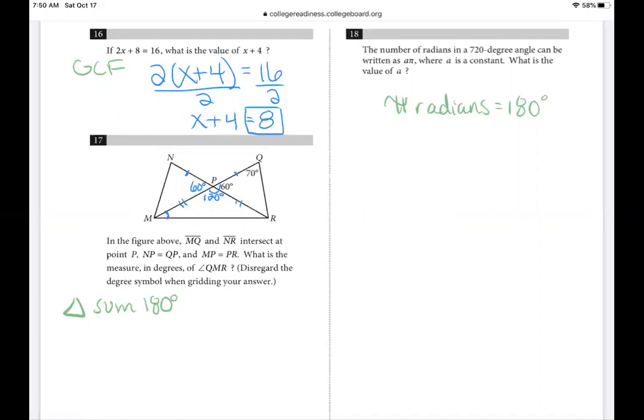And then lastly, we can complete this triangle on the right since we already have the 70 and the 60. So 70 plus 60 plus, I'm just going to label that with an X, equals 180, means that that angle has to be 50 degrees.